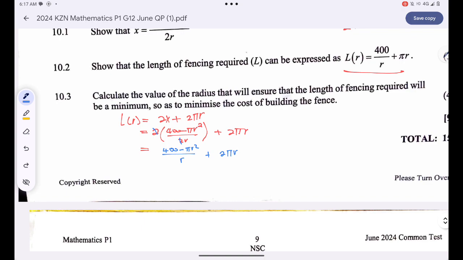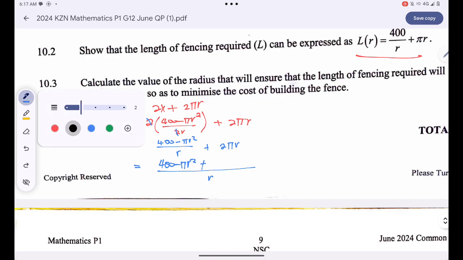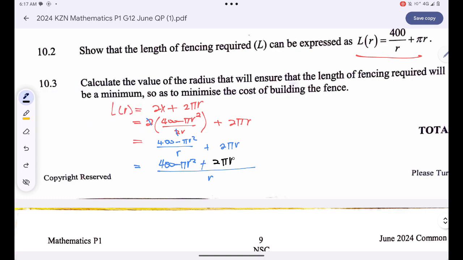Okay, all I can do here, guys, is to just add these fractions. My LCD is just r, so I'll just multiply both terms by the LCD. Whenever I do so, I'll end up having 400 minus pi r squared plus 2 pi r squared, because whenever I multiply this by r, I'll simply get 2 pi r squared.